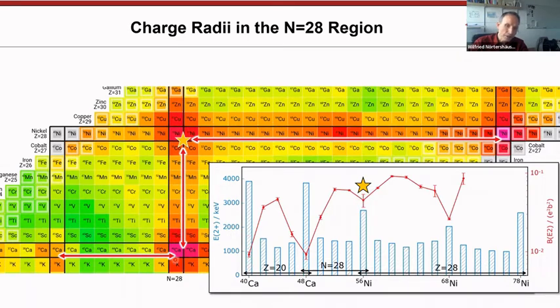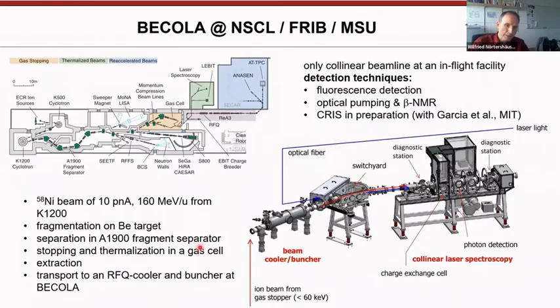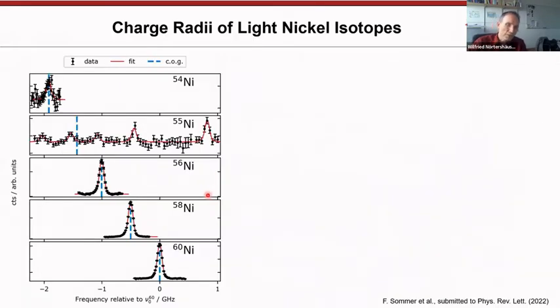Now it's interesting, of course, to see how this kink behaves if you go from a doubly magic neutron-rich nucleus to a doubly magic neutron-deficient one. This has been recently measured at MSU, so I will not talk about the setup here. I'm quite sure that Kay will talk about it tomorrow. Let me just show the spectra of the nickel isotopes.